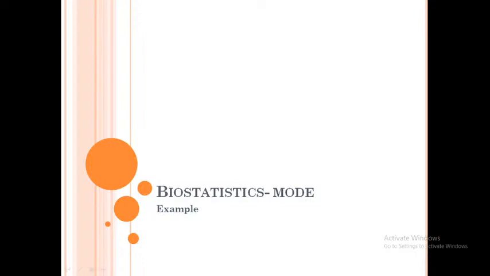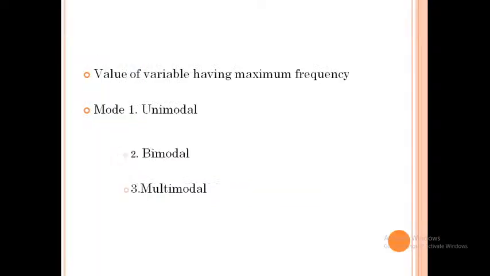Now let's see how we solve some of the questions. About mode: mode is a measure of central tendency, and it is an average of position. The value of the variable which has the maximum frequency is called mode.